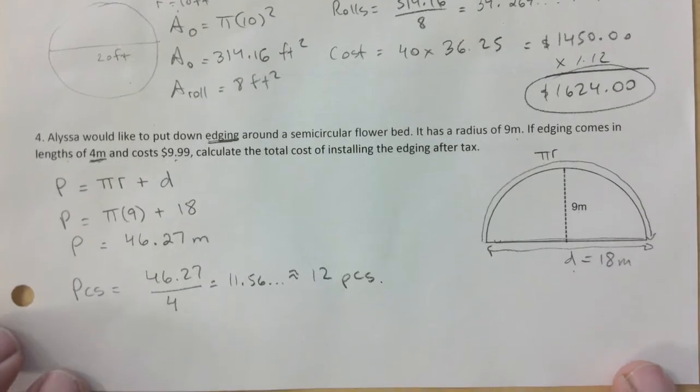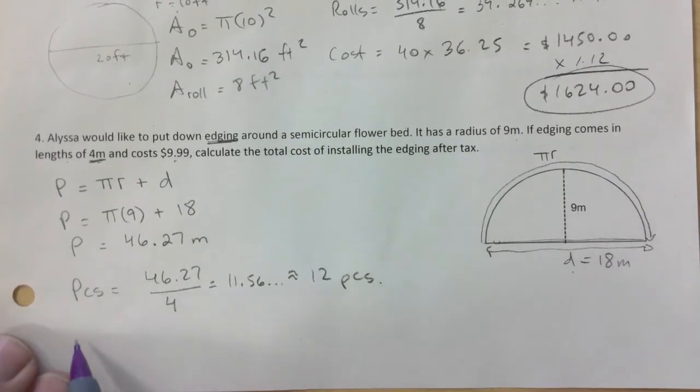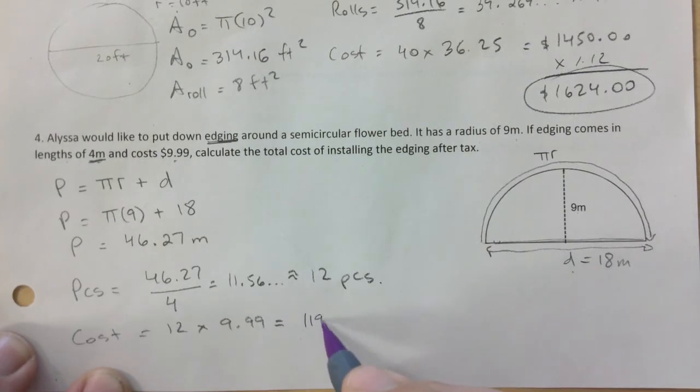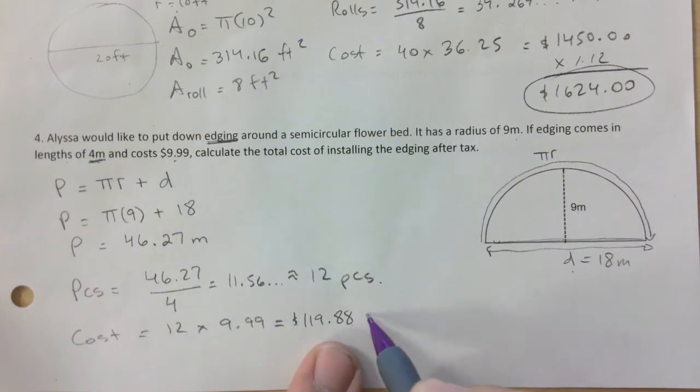You're going to have to cut some off and throw it out, right? Cost 12 times $9.99, which is $119.88. Right, before taxes. We're going to add taxes by going times 1.12.